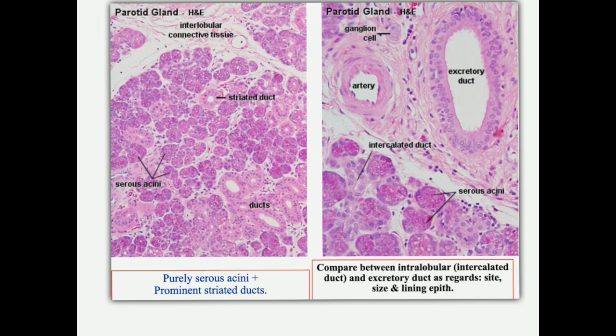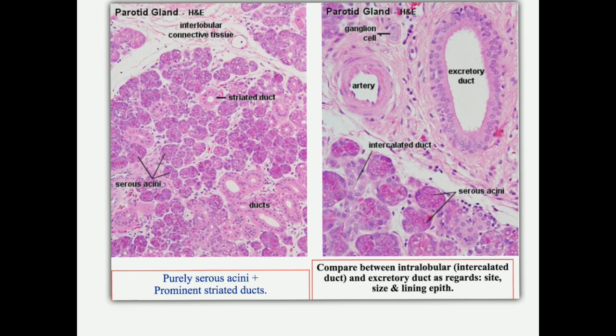So again, this is the serous acini, this is the secretory or striated duct or intralobular duct, and this is one of the excretory ducts, big, in between the lobes, with a wide lumen, and lined by pseudostratified columnar epithelium.